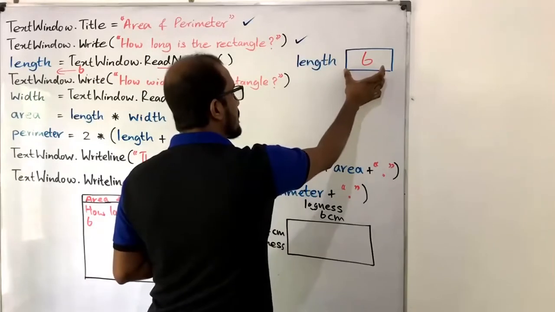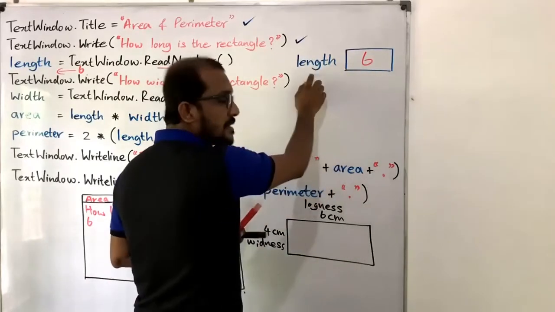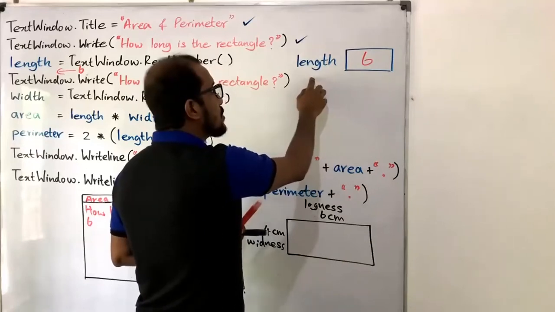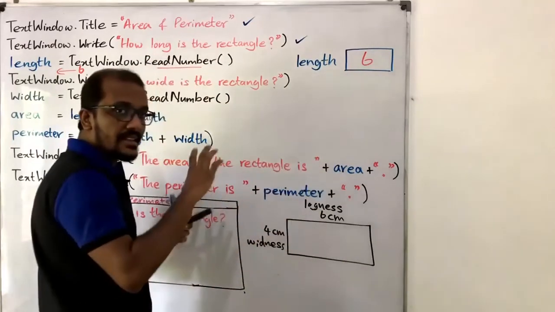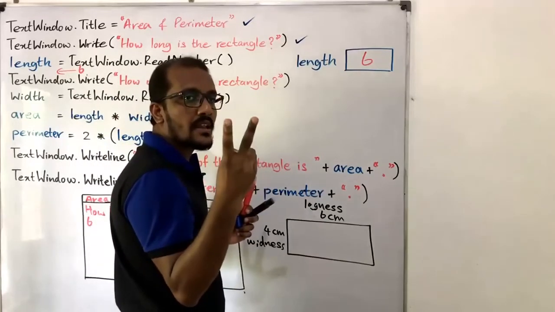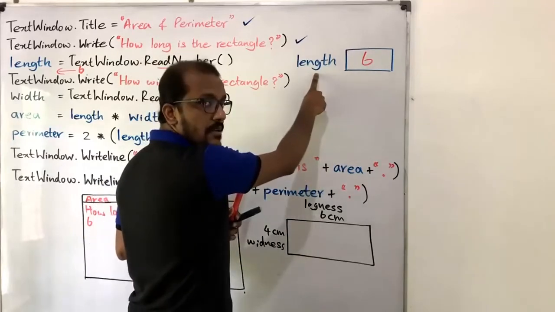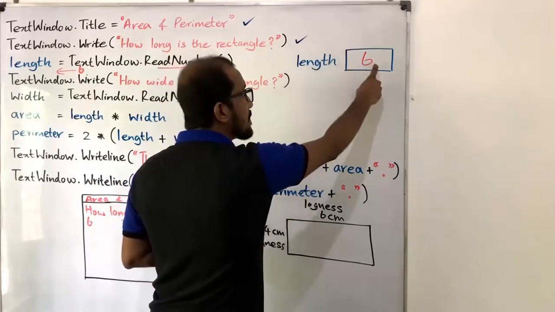So this bucket resides inside the RAM under the name length. As I said last day also, a variable has 2 parameters. One is the variable name, the other is the variable's value.